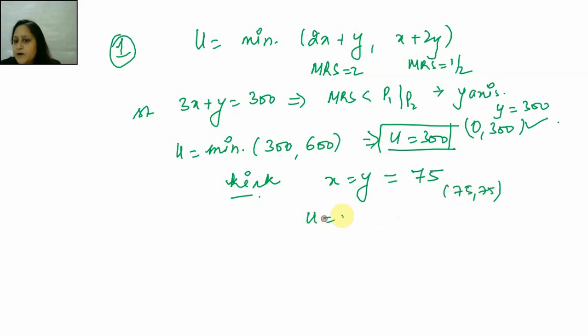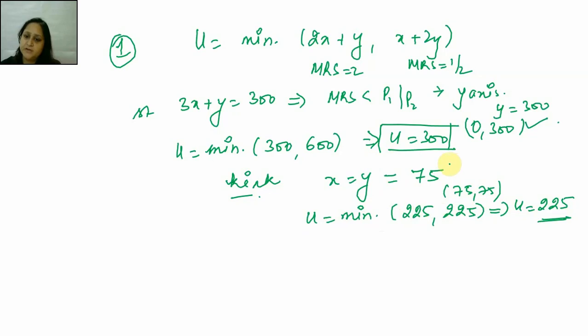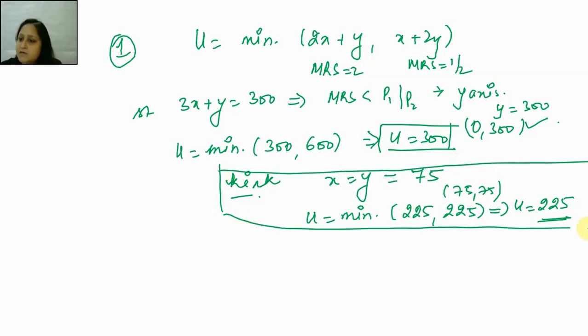If I put it into the function, I get 75 into 2 is 150 plus 75 is 225, comma 225. In which case my utility is 225. Isn't 225 less than 300? Yes, it is. Which means kink हमारा आंसर नहीं हो सकता है. This is absolutely wrong.